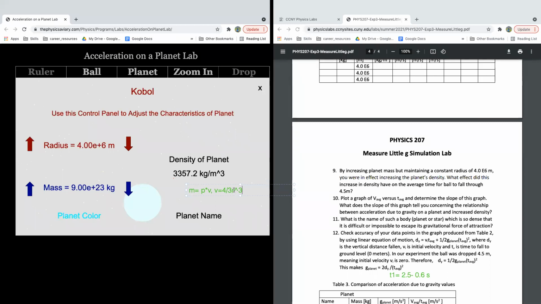So if the r doesn't change, V doesn't change. If mass is increasing, then the rho has to be increasing, right? So this is the math behind it.